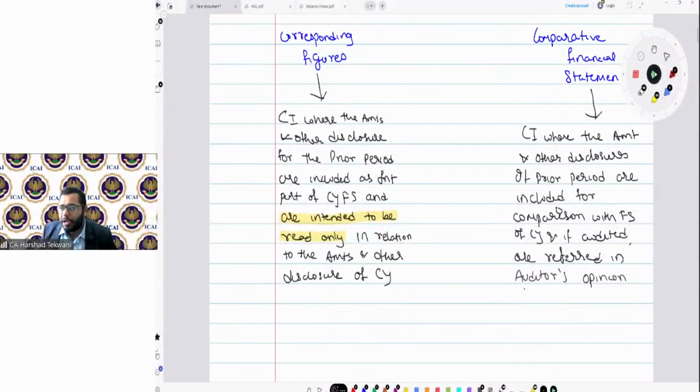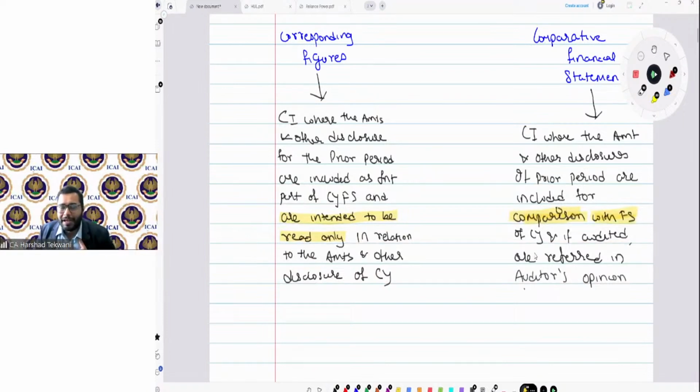Whereas if I talk about the level of presentation, the level of detail in corresponding amounts and disclosures is determined primarily by relevance to the current year figures against which I'm presenting the corresponding numbers. Now, why I was focusing on read only when discussing corresponding figures: when I say comparative financial statement, it's for comparison purpose with the FS.